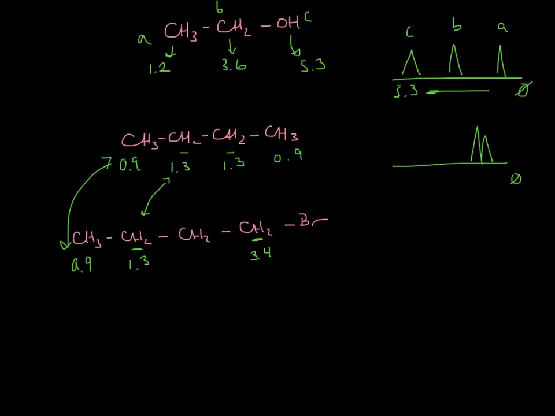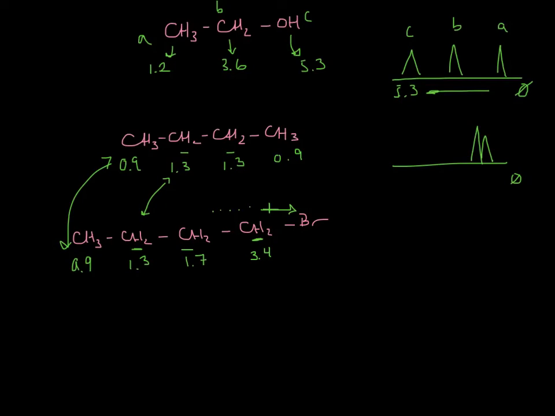Alright, the CH next to that is going to feel a small effect of this bromine. So the bromine is strongly felt by the hydrogens next to it. It's weakly felt by the second carbon over. The second carbon over is going to experience a pull of down to about 1.7 ppm.